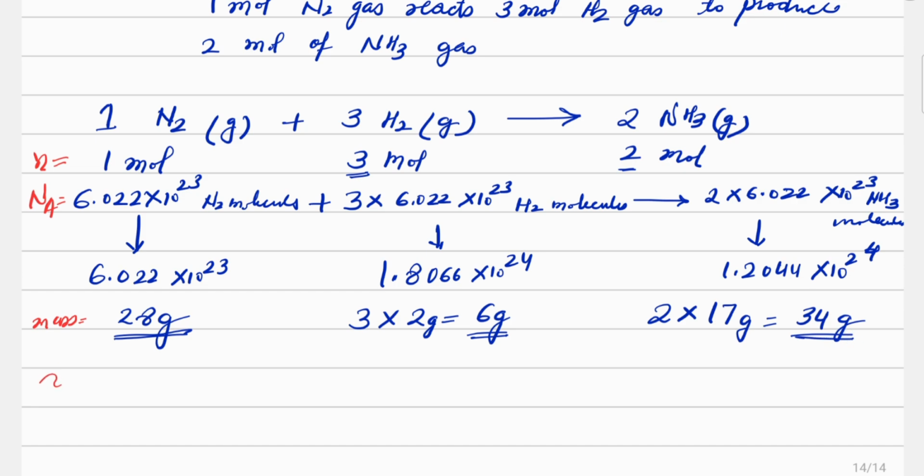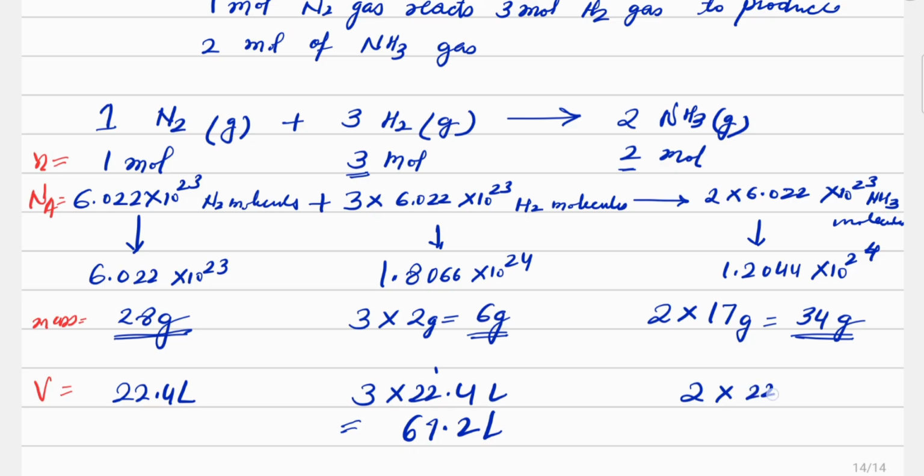Next one is the molar volume. So we are talking about volume now. We know that 1 mole is equal to 22.4 liter. 3 mole are going to be equal to 3 into 22.4 liter, which is going to be 67.2 liter, and over here it is going to be 2 into 22.4 liter, that is 44.8 liter, right?